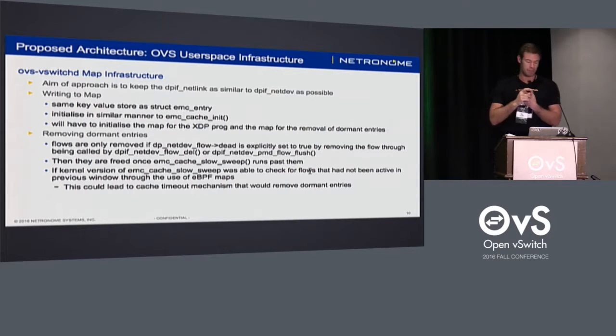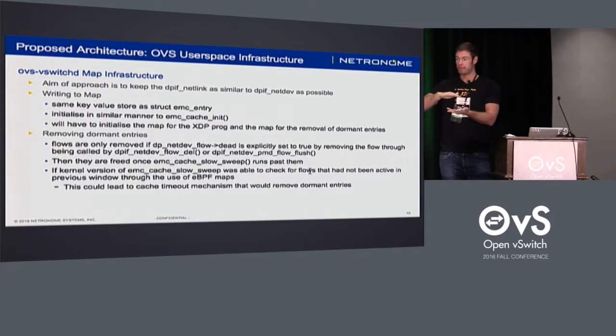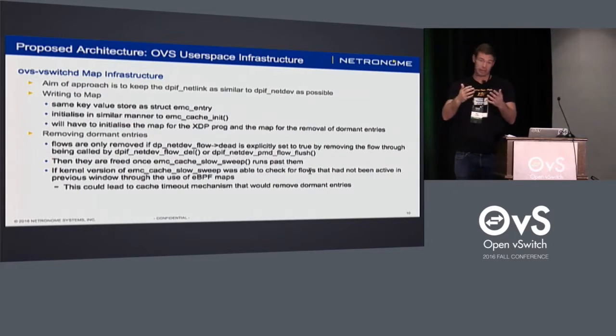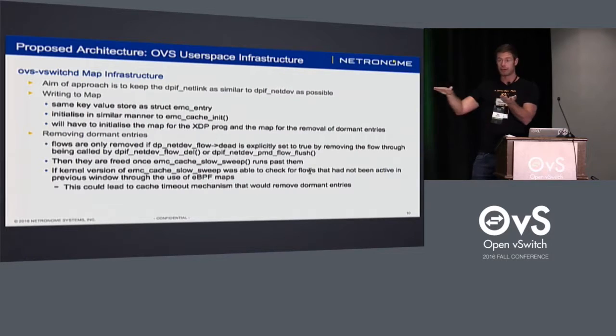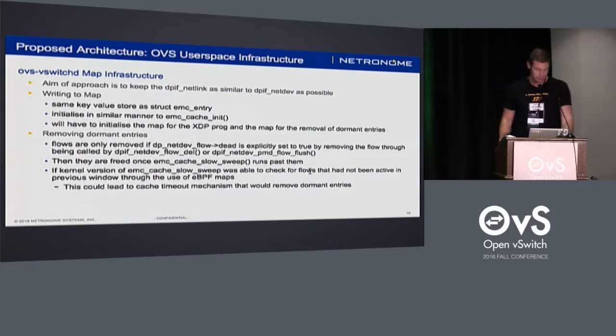However, what we're going to have to do is have this slow sweep run through and check. We're going to have some rules there which say if there's been this many hits or no hits, we will clear this flow. And that depends on the actual timings we have, how long it takes to run through the cache and so on. This needs a lot of fleshing out. This is not complete. This is just the first proposal.